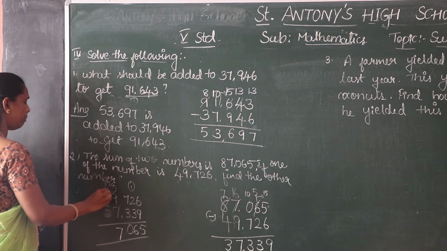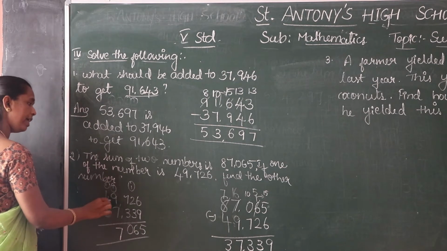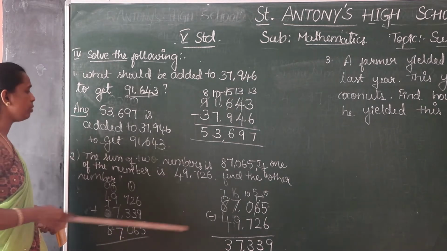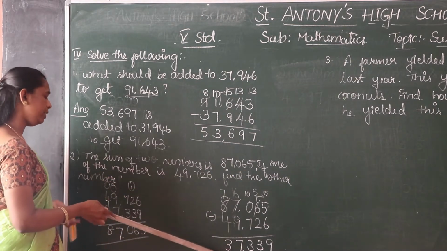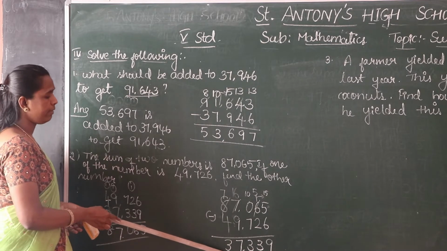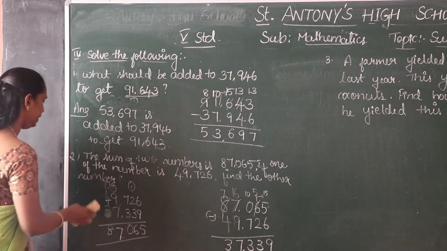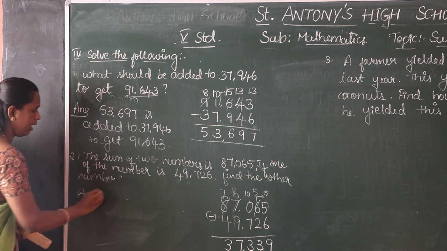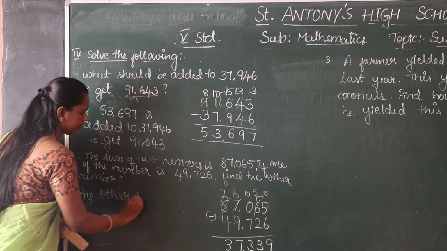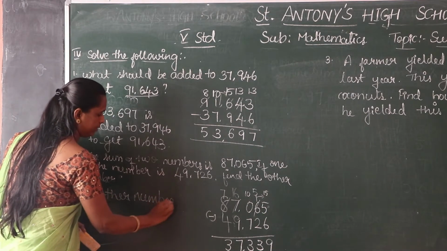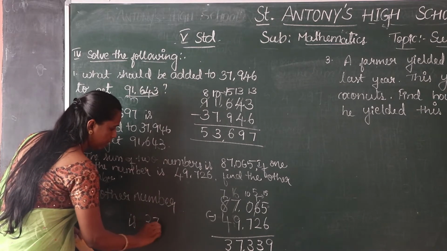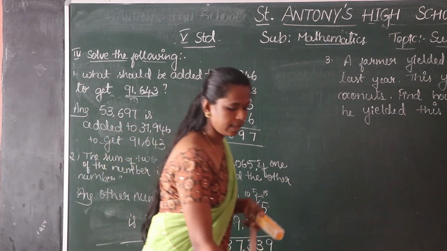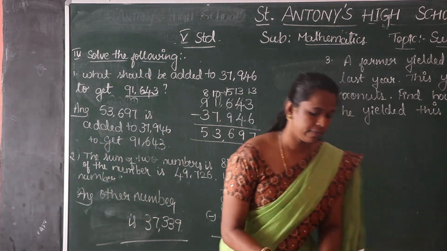So 1 carry, 1 plus 4, 5. 5 plus 3, 8. So the answer is correct, 87,065. So the other number is 37,339. Answer: the other number is 37,339.